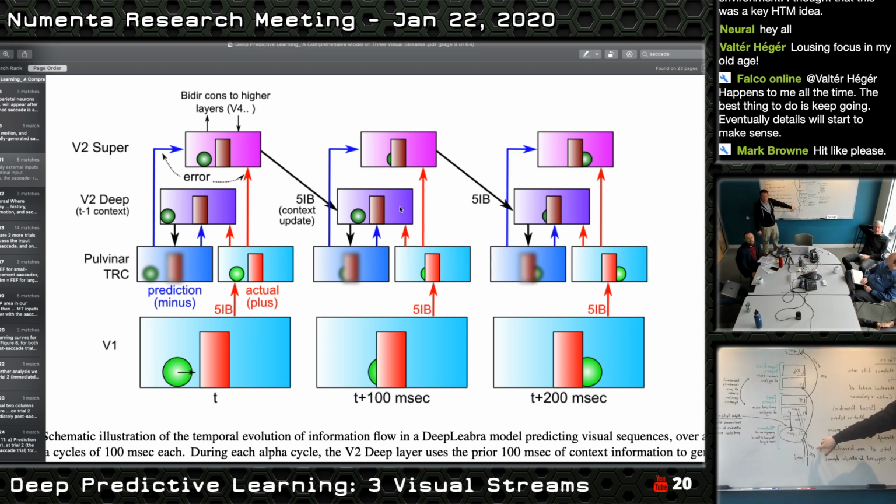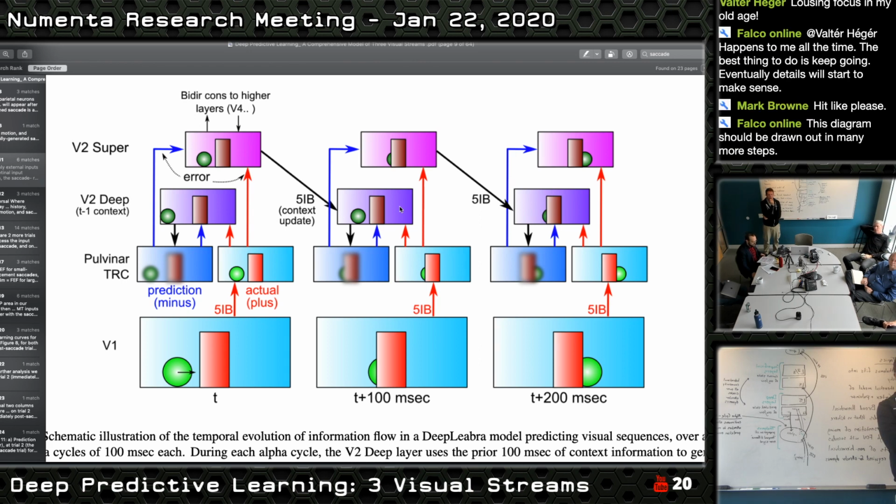By the way, I don't even know if that connection exists, does it? Between the superficial layers direct to layer 5 intrinsically bursting? I didn't think that was true. Well, there's a hierarchical output which comes up with alpha. It goes to the thalamus, but that's showing it direct to the deep layers.